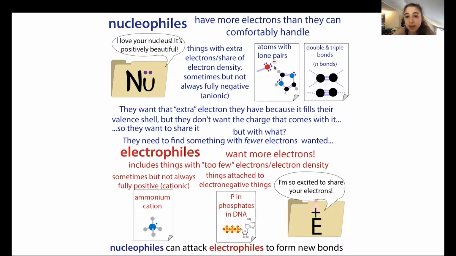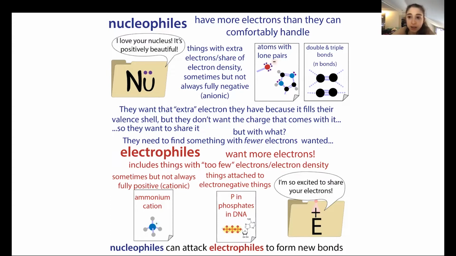When this happens, oxygen is going to have a full octet. Remember, each single bond represents 2 electrons. So if you were to count along oxygen, you'd have 3 lone pairs, so 6, and then 2 from this shared pair. So it has its full octet, but it also has a negative charge.